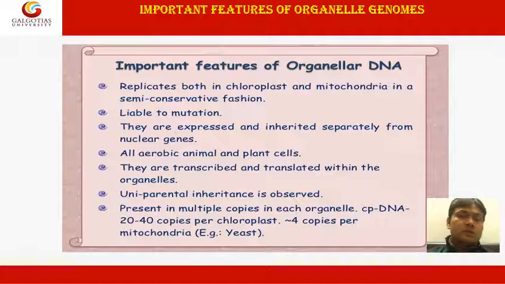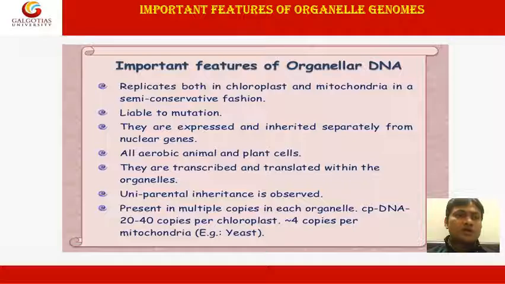Now, the important features of the organelle genomes. Here we will talk about some features present in the organelle genomes. They replicate in both the chloroplast and the mitochondria in a semi-conservative fashion.